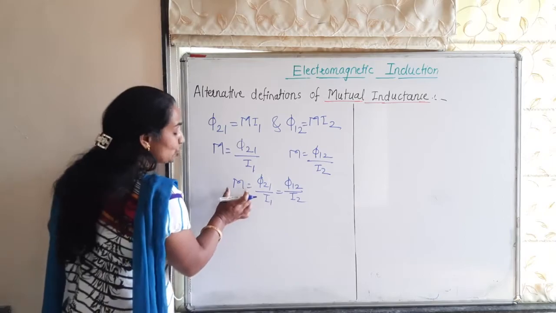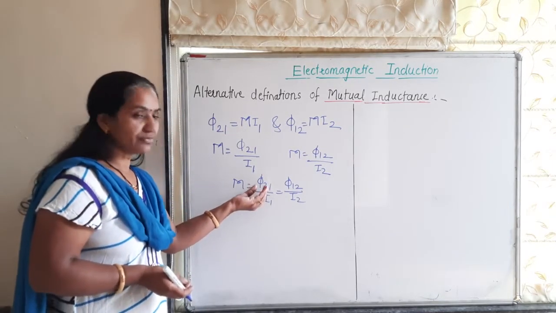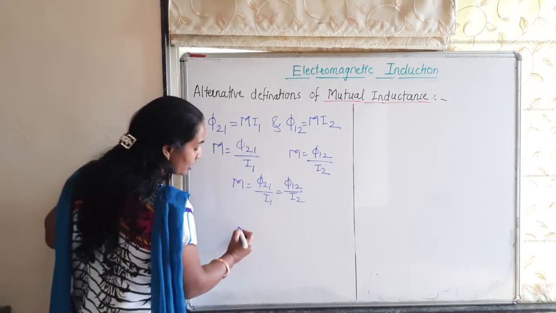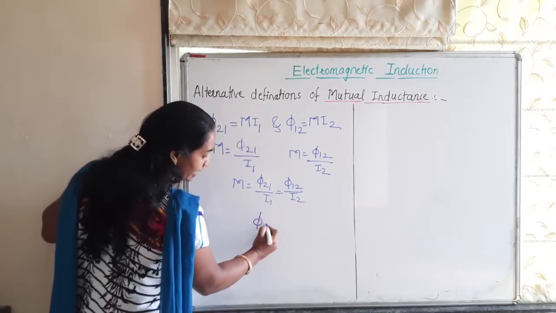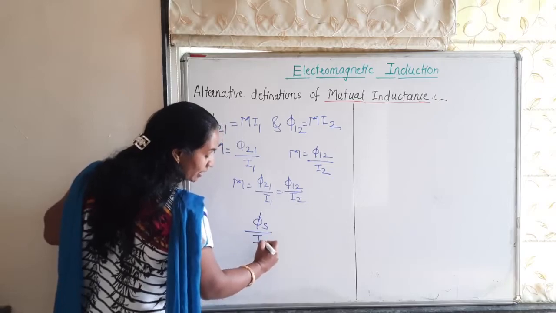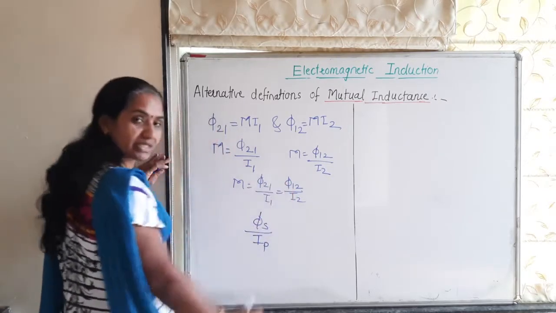The mutual inductance of the two circuits is the flux linked with the secondary circuit per unit current in the other, primary circuit.